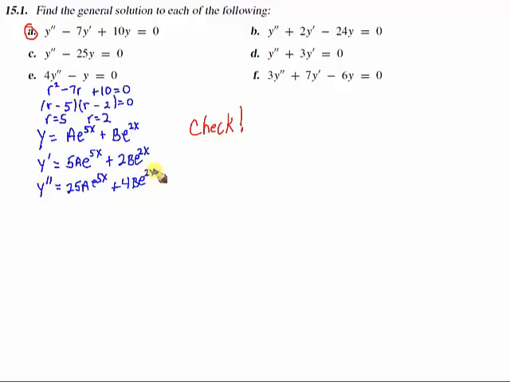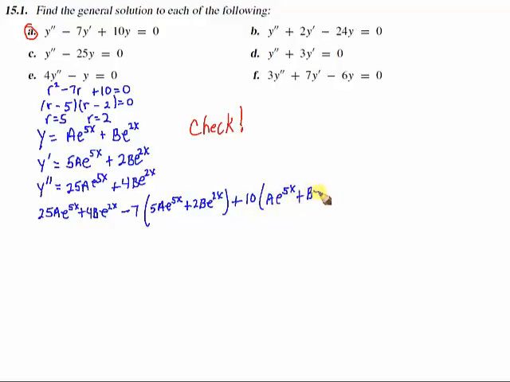Plugging those back into the original, we have y double prime minus 7y prime plus 10y, and hopefully that comes out to be 0.